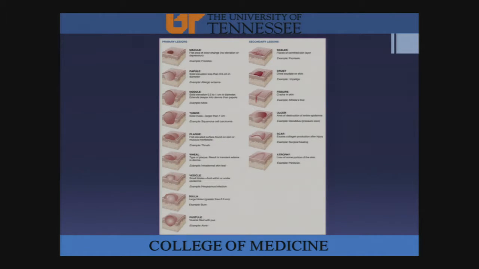So nodule, obviously everybody knows what a nodule is. You can actually feel it. It's an elevation. A tumor is just a big growth. Most things, any carcinoma, you would describe it that way. A plaque is a flat elevated surface found on the skin. When you think of things like psoriasis, that's your plaque. Wheal is just a different type of plaque.